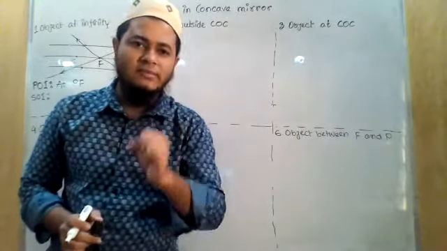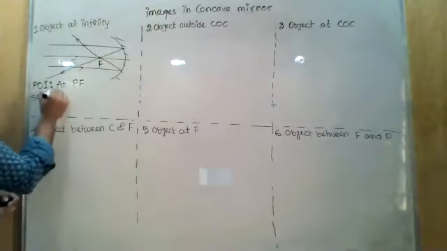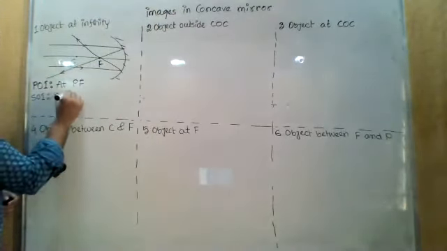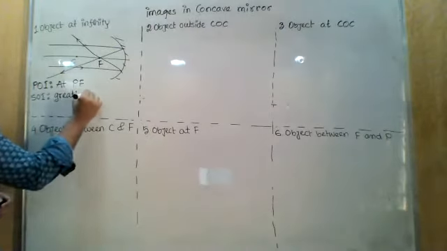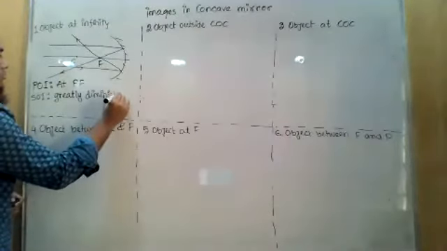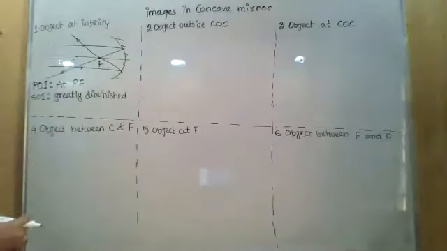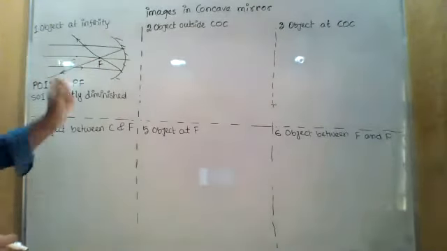So definitely the image that is created here is very diminished. So we can write it, the image will be greatly diminished. Diminished means becoming small, okay, greatly diminished compared to the object. The object is very big and the image will be very small.